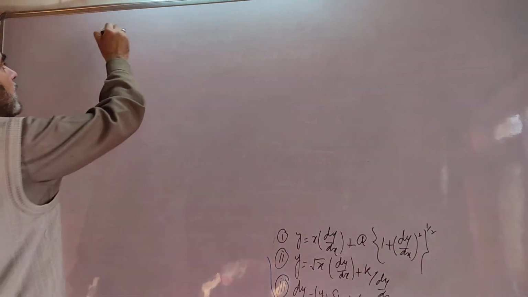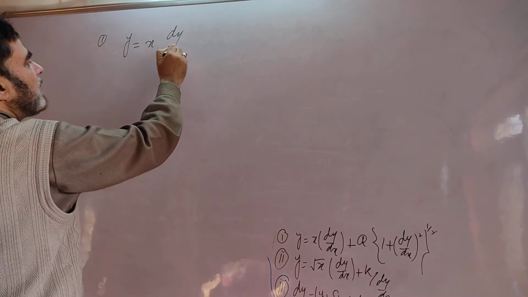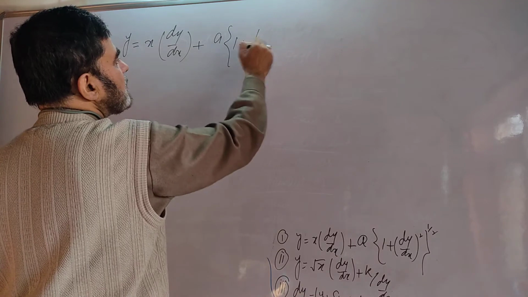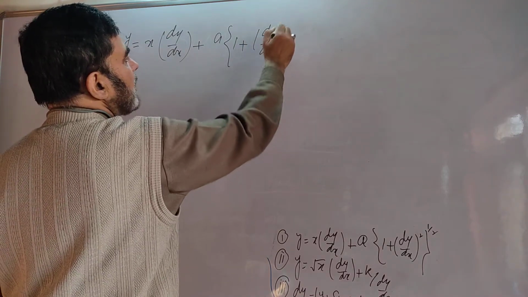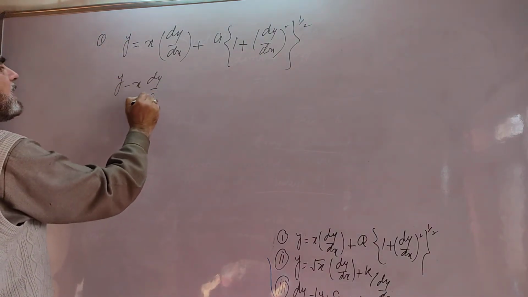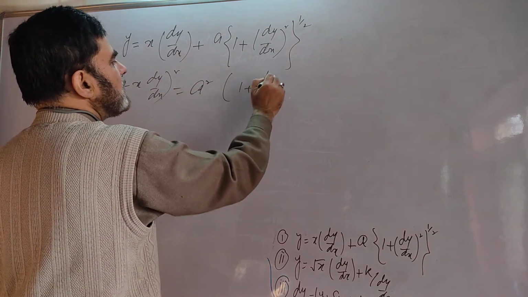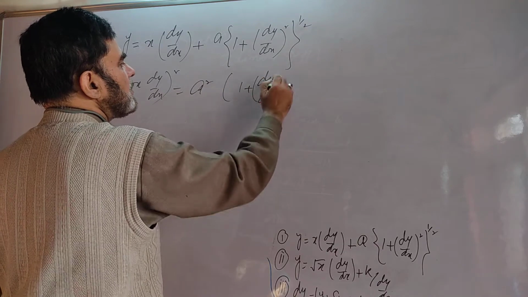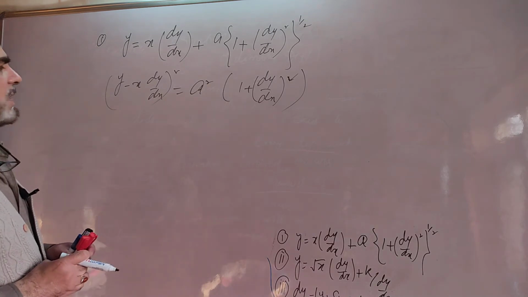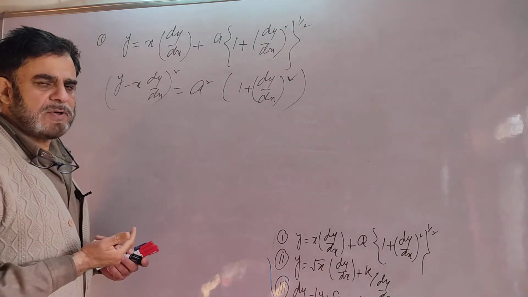I have y is equal to x times dy by dx plus a times the square root of 1 plus dy by dx squared, raised to 1 by 2. We can write it as y minus x dy by dx, then squaring it, is a squared into 1 plus dy by dx squared. You see here the order of this differential equation is 1, because the highest derivative it involves is dy by dx.